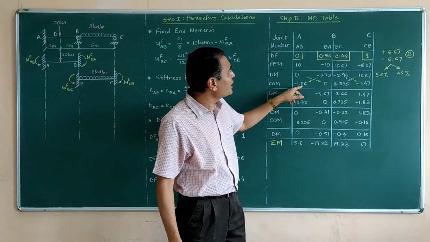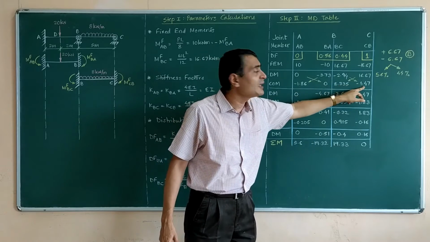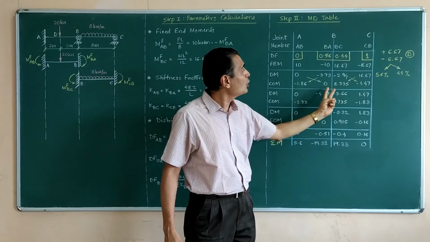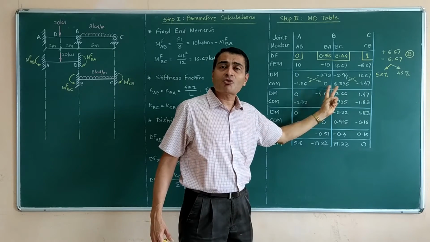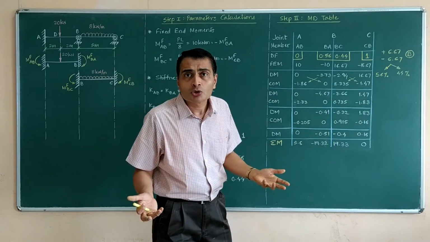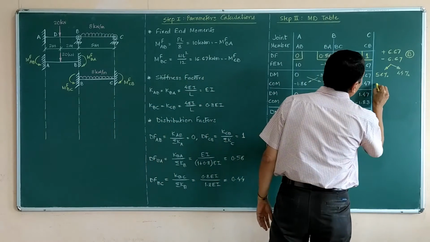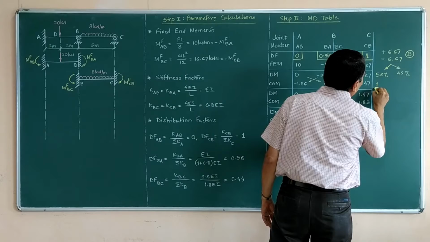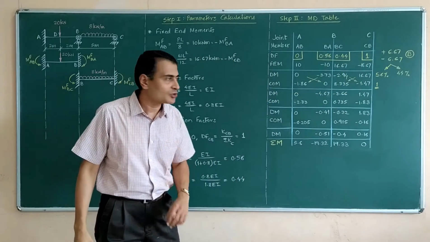Now I have negative 1.86, 0, positive 8.335 and negative 1.47. Do I see a balance here? Do I see M of BA same as M of BC? Of course not. So that means I need to balance. So my cycle 1 is over, and I am not finding apparently any balance.